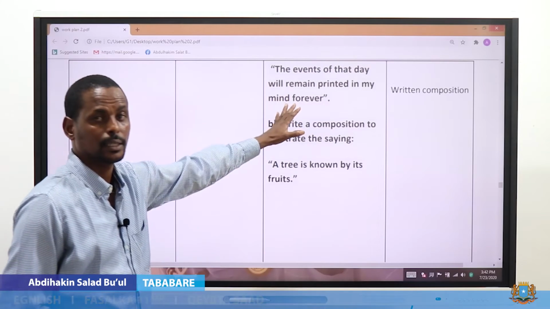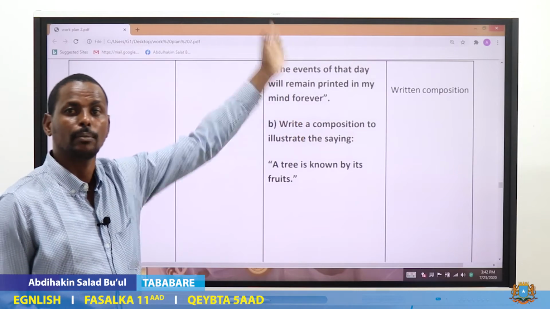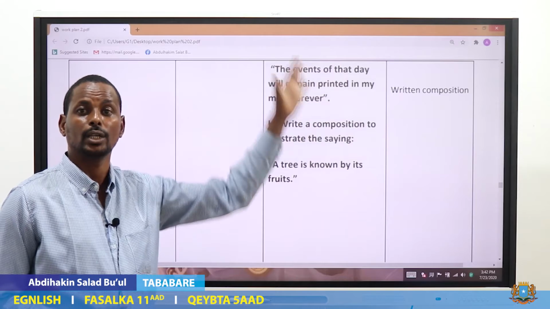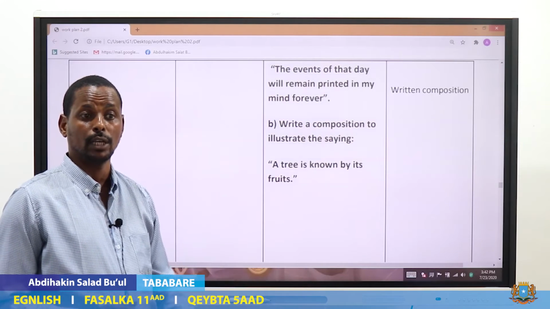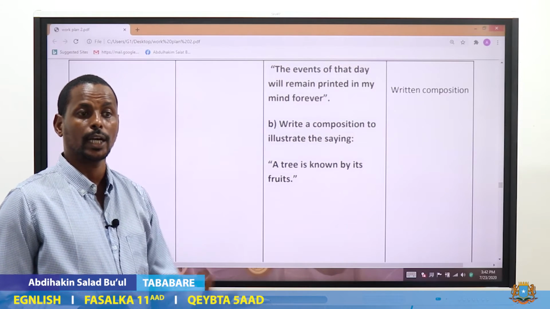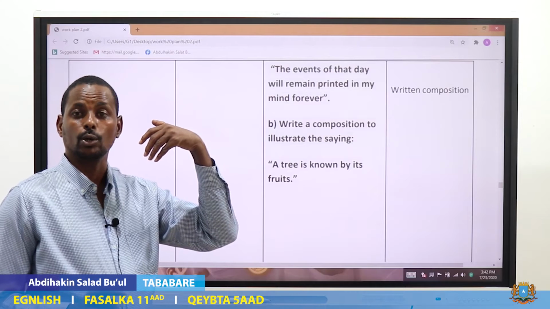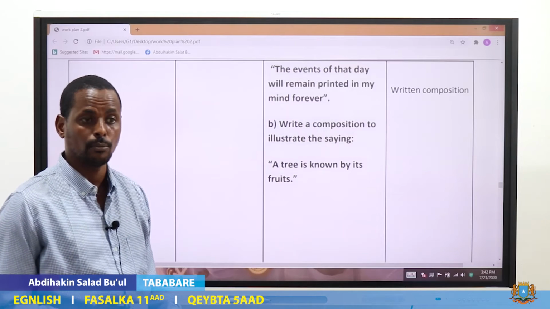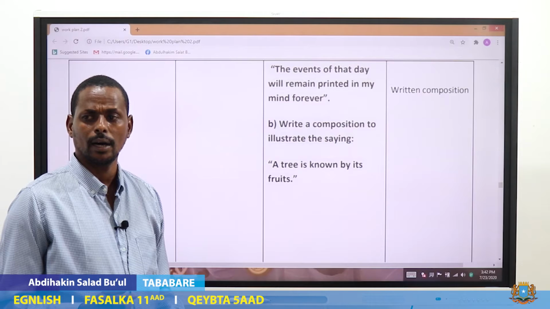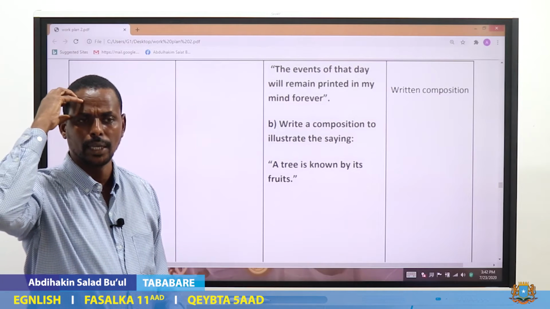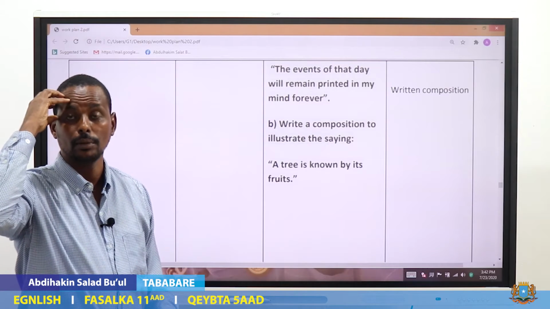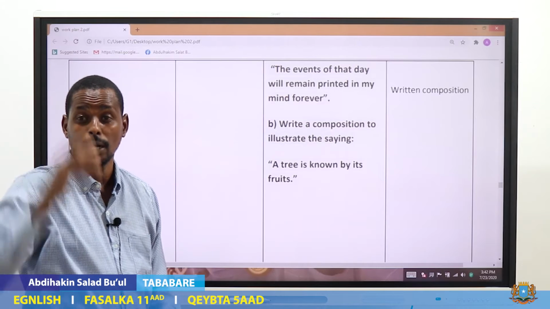Not the beginning. Write about anything. You can write about an accident you were involved in and survived. You can write about a bomb blast somewhere whose impact remained in your mind.